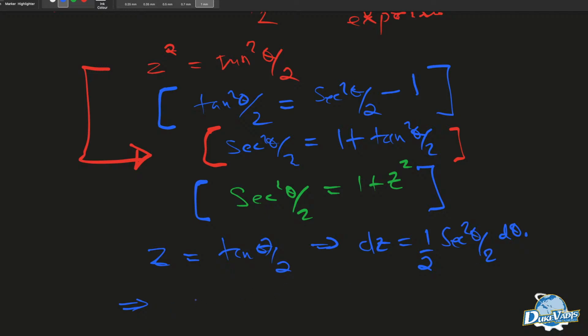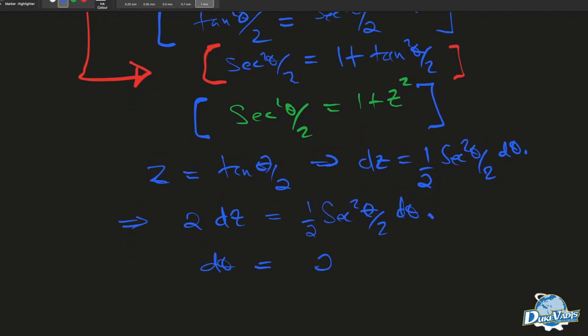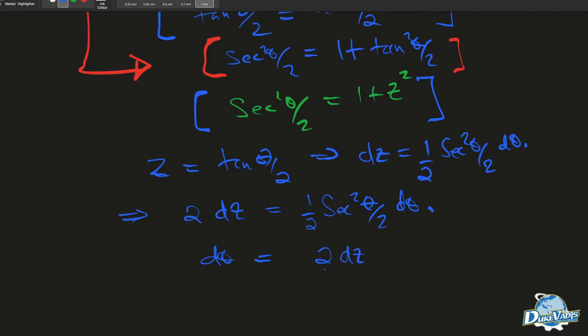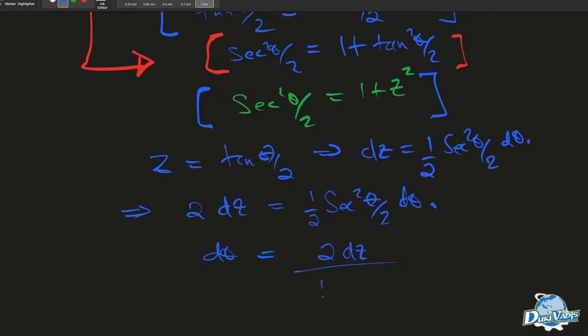So 2 dz is equal to sec squared theta over 2 d theta, so d theta will be equal to 2 dz all over half sec squared theta over 2.